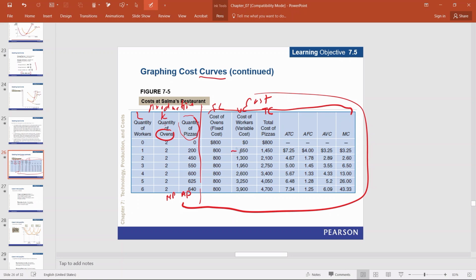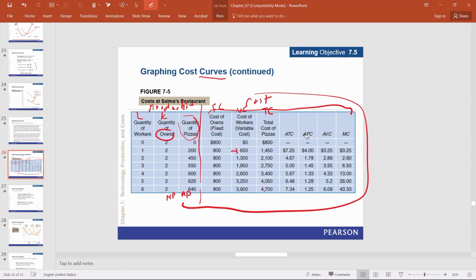And this is the cost of the first unit of labor, which is 650. So as you increase labor, you have to increase also the variable cost. It's related to the production, and you add these, you will get total cost.